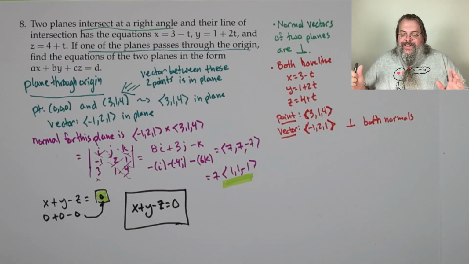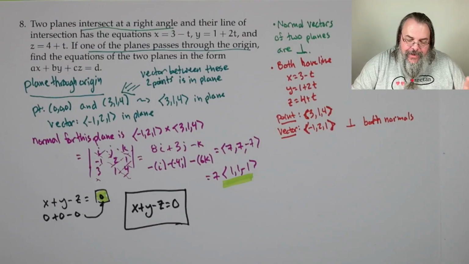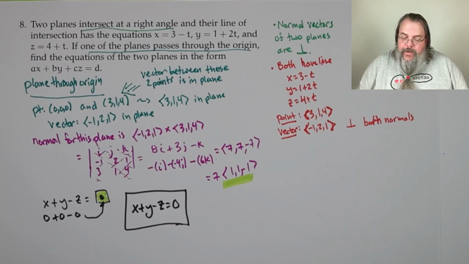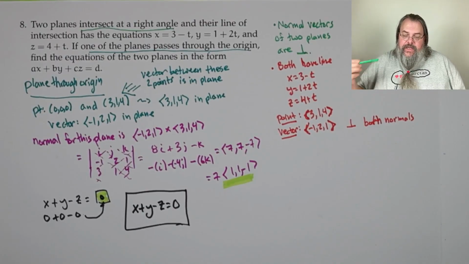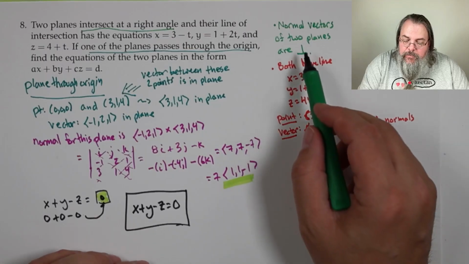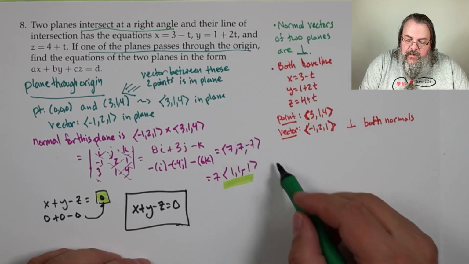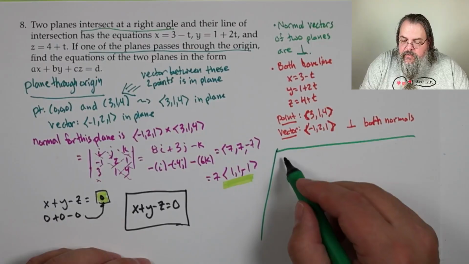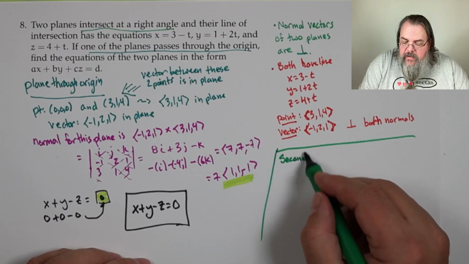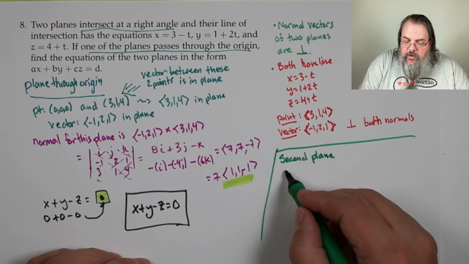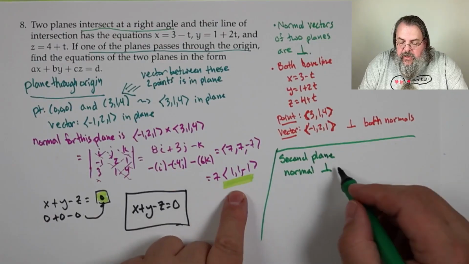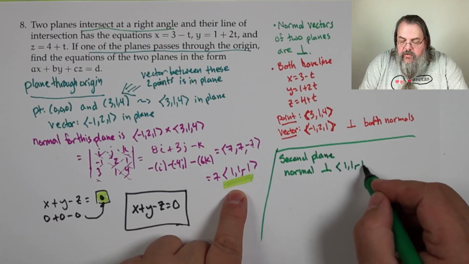All right, so that is one of our 2 planes. But we're not done, because there was a second plane. What do we know about the second plane? Its normal is perpendicular to the normal for the first plane, so it's perpendicular to (1, 1, -1).